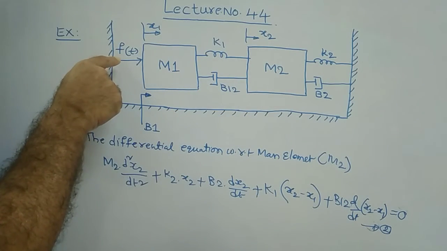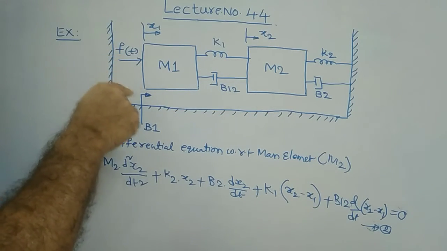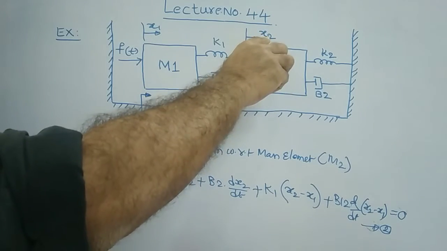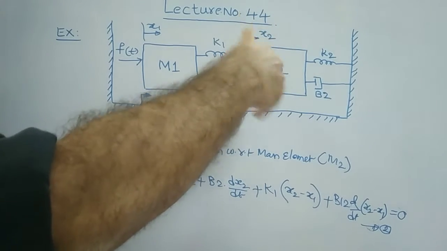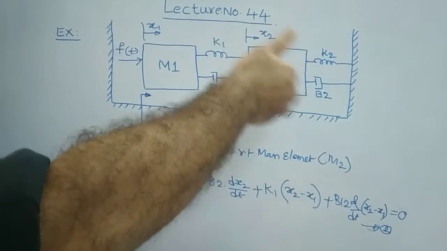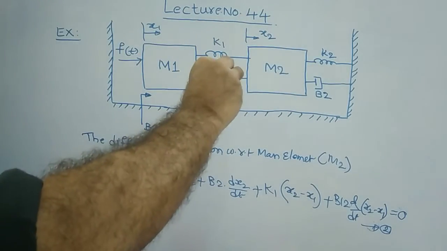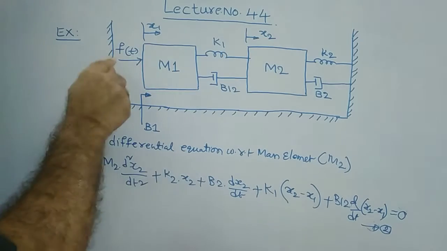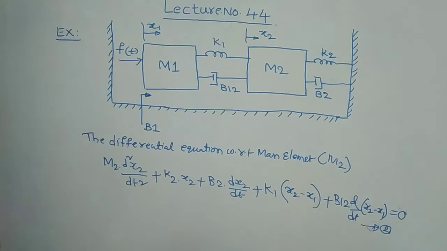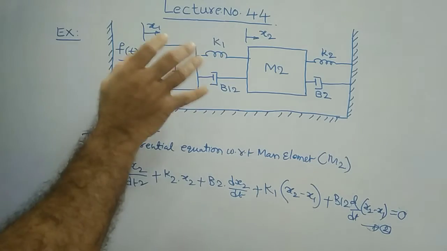Input is the applied force f of s, whereas the output is the second displacement x2 of s. Therefore for this problem the transfer function is x2 of s by f of s.